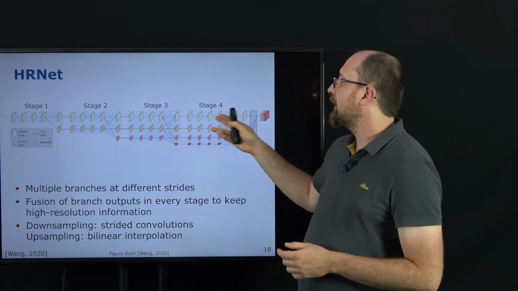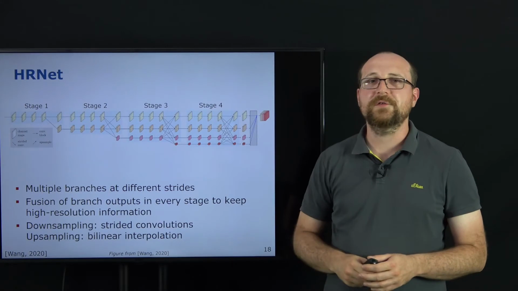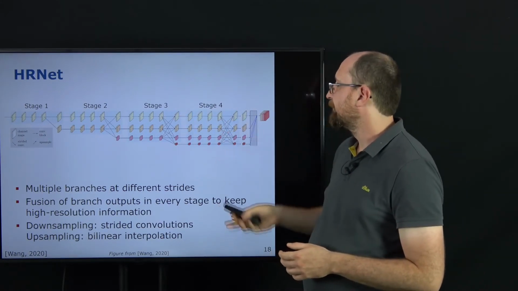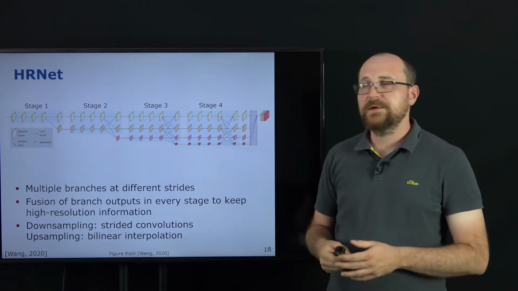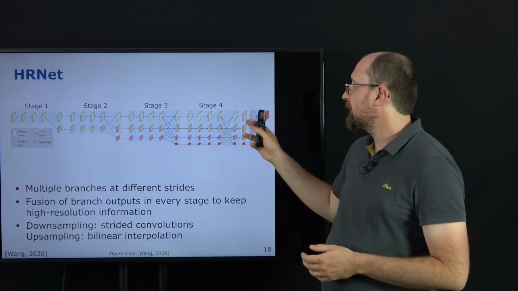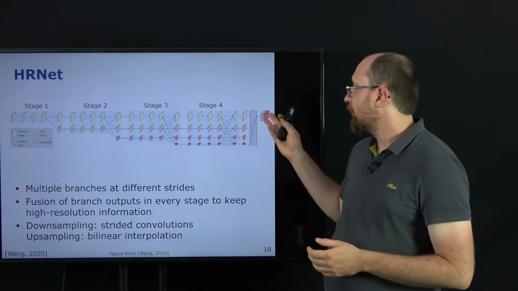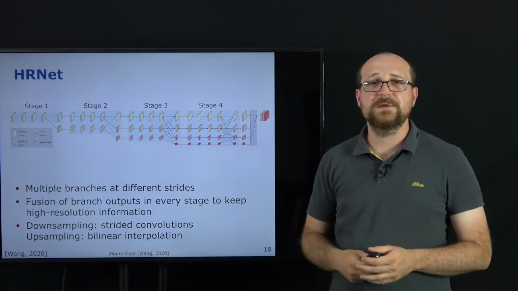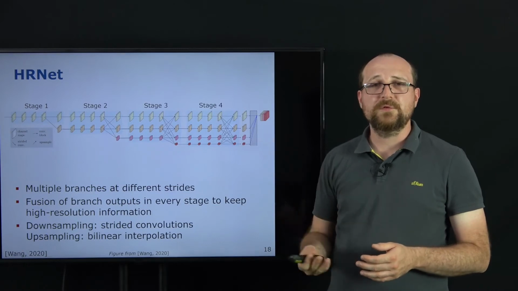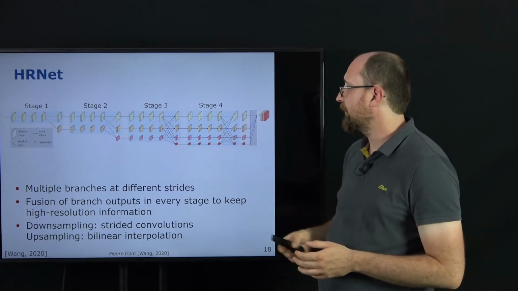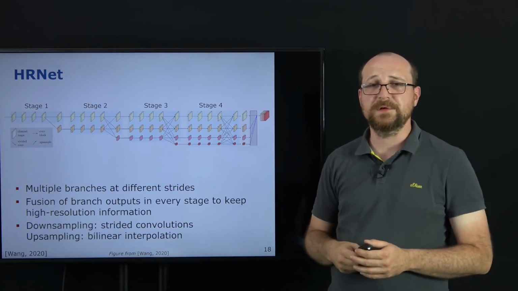But we are also retaining this high resolution branch, basically, where we are not reducing the feature map size. And in the end, we are concatenating this together to get then the desired output of our feature map, which we then can use to do the classification, pixel-wise classification in the end.